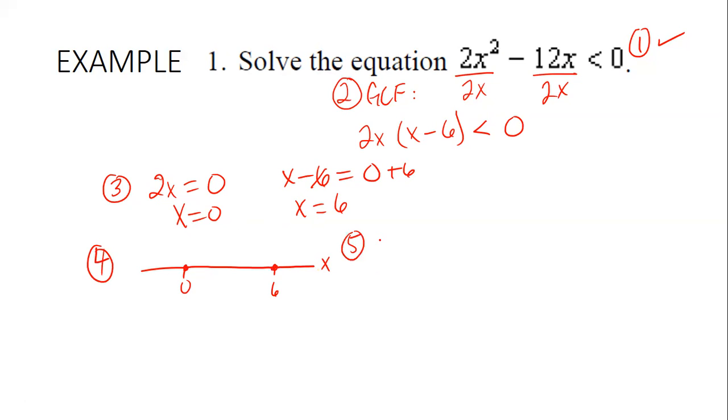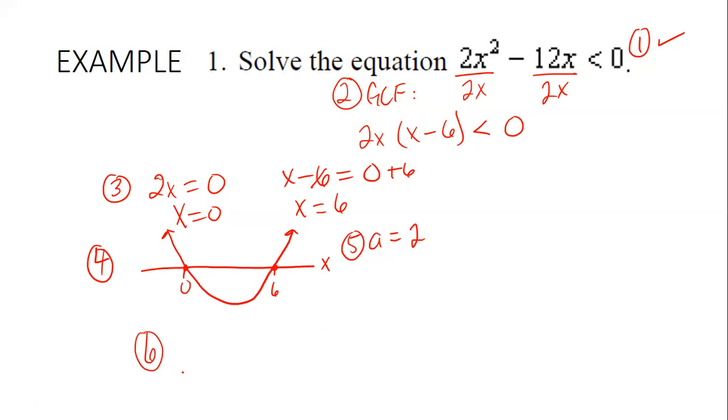Step 5 is what is your a value? For this problem, what was our a value? What is our leading coefficient? It is 2. Our leading coefficient is a positive 2. So that lets us know that our quadratic is a happy quadratic. And then 0 and 6 is where we answer.